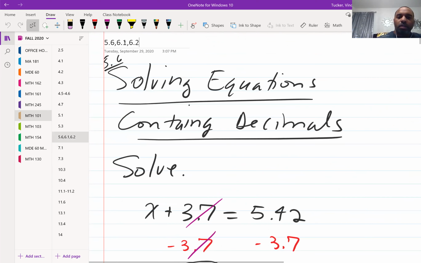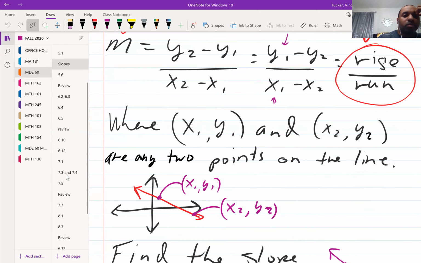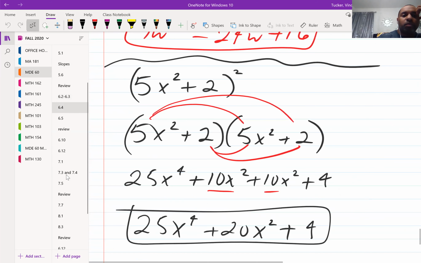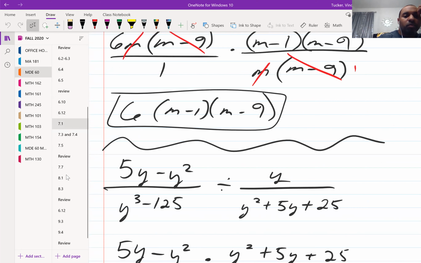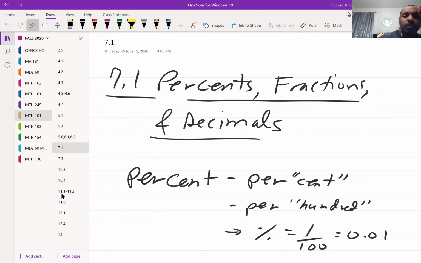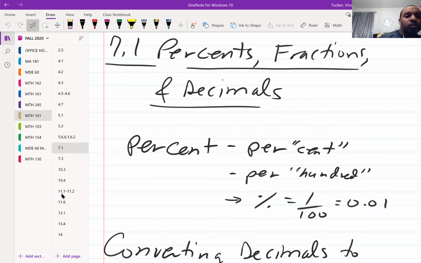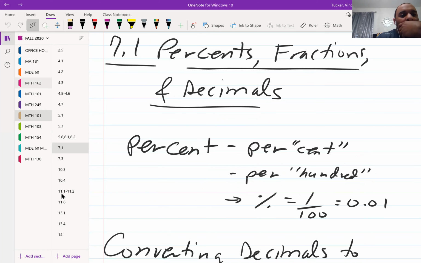Oh, I don't want to do that yet. So I wanted to touch on percents. Not looking to finish it off, but at least touch on it today.